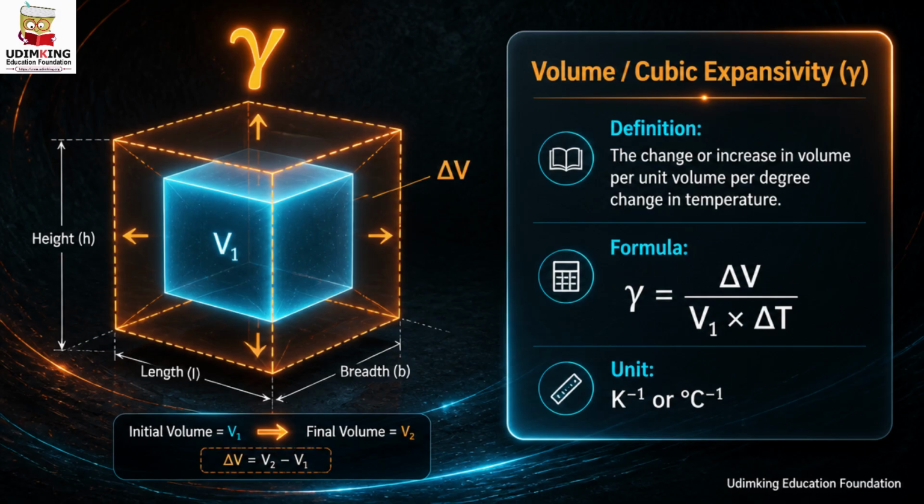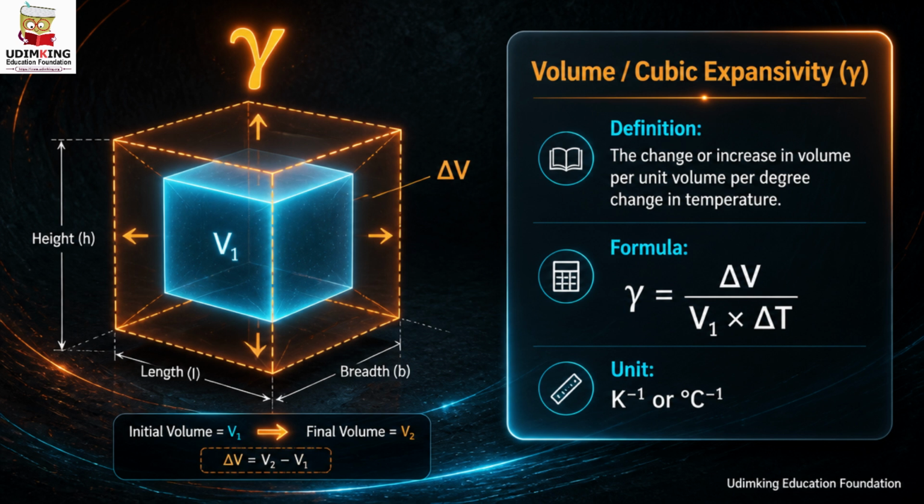Now, without going into too much complex detail, we can extend this exact same logic into 3 dimensions. If an object has length, breadth, and height, it occupies volume. When heated, all 3 dimensions expand, shifting the total volume from V1 to V2. This brings us to our third type of expansion, volume, or cubic expansivity, represented by the Greek letter gamma.